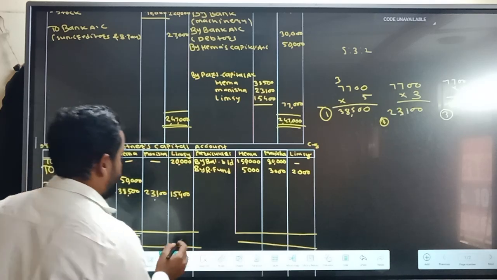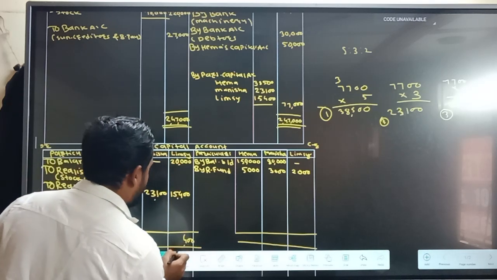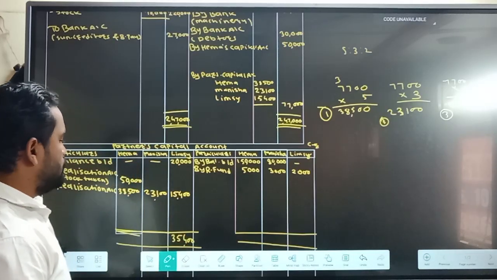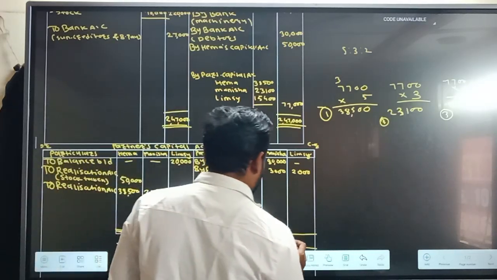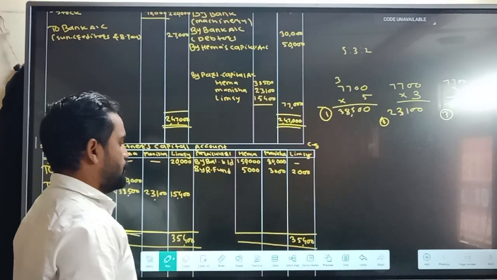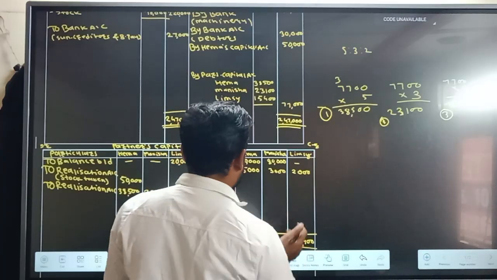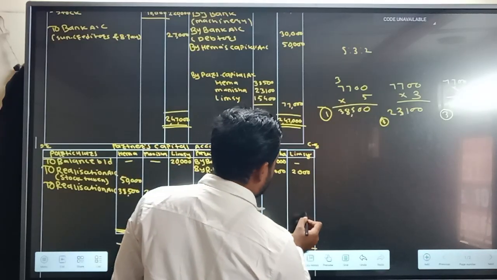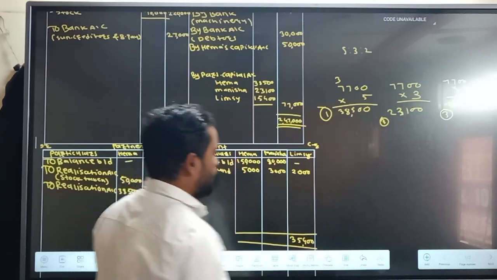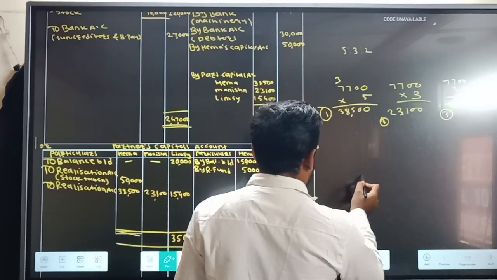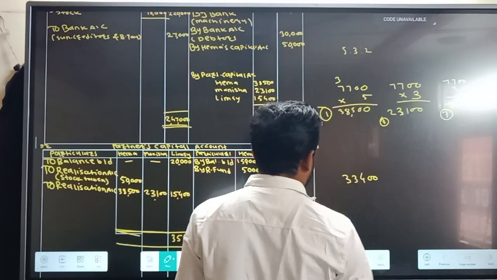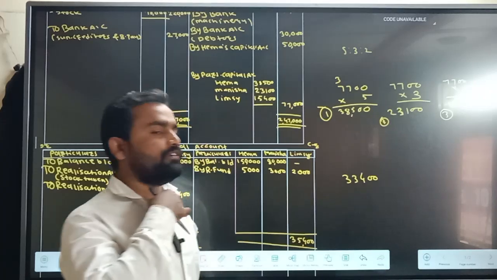Debit side is more. Write 35,400. The difference between these two sides, write it out in the column, 33,400.